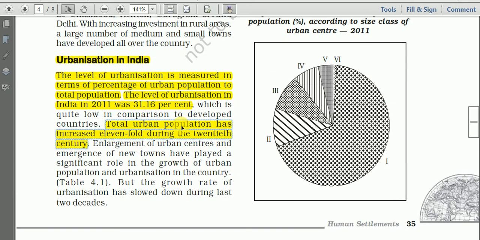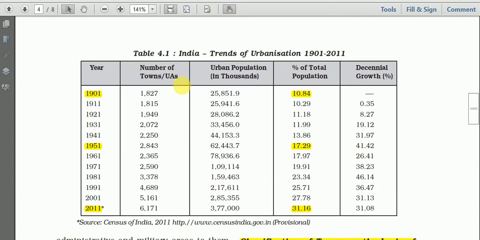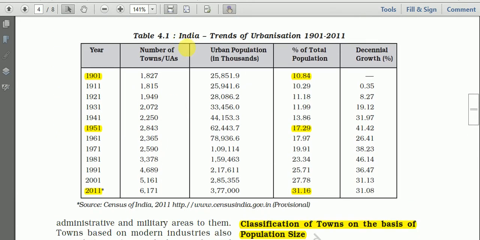Now let us see this table. Table number 4.1 shows trends of urbanization in India from 1901 to 2011. In the year 1901, 10.84% of the total population of India lived in urban areas.